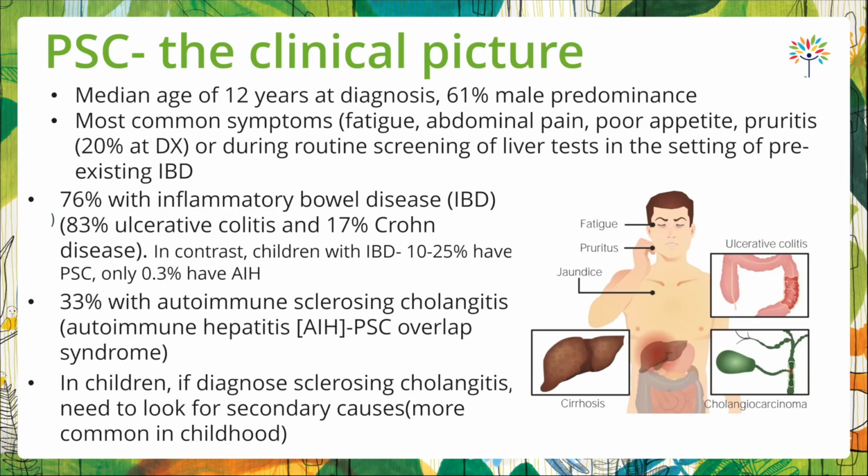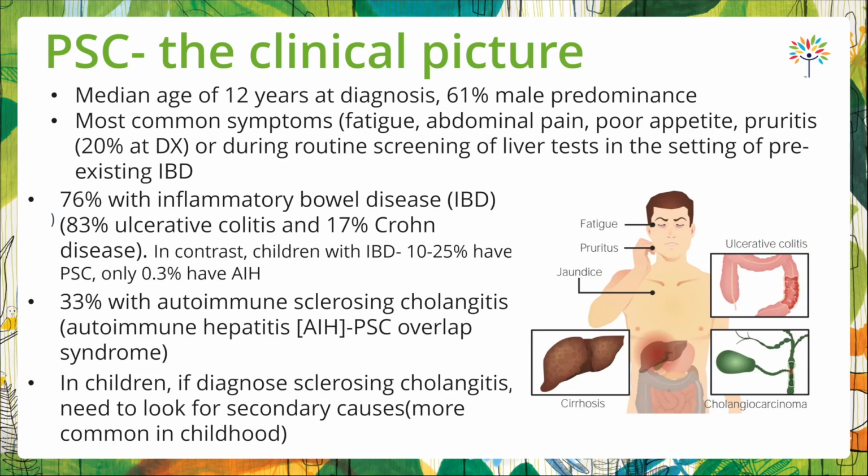So what about the clinical picture? If you or a family member have PSC, you know that most children will present around the age of 12 years, with mainly males being involved. The symptoms are very non-specific: tiredness, tummy pain, a poor appetite.